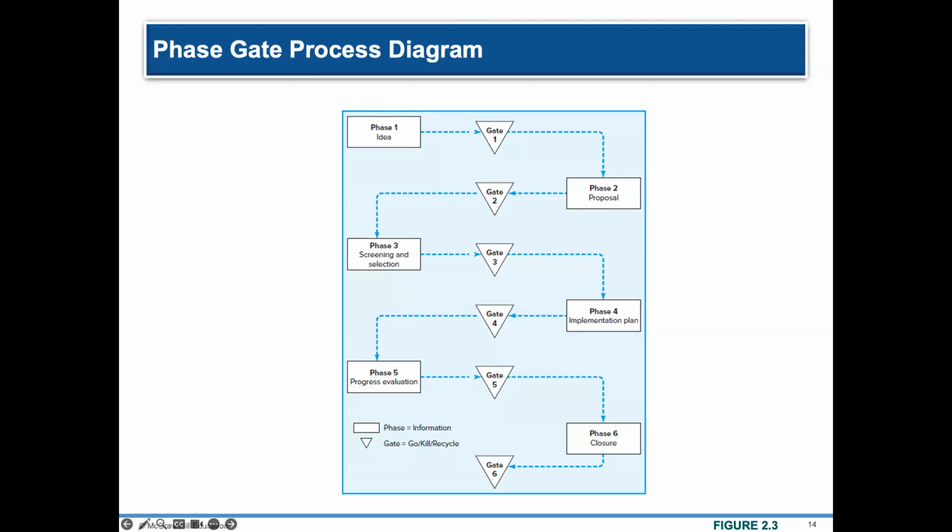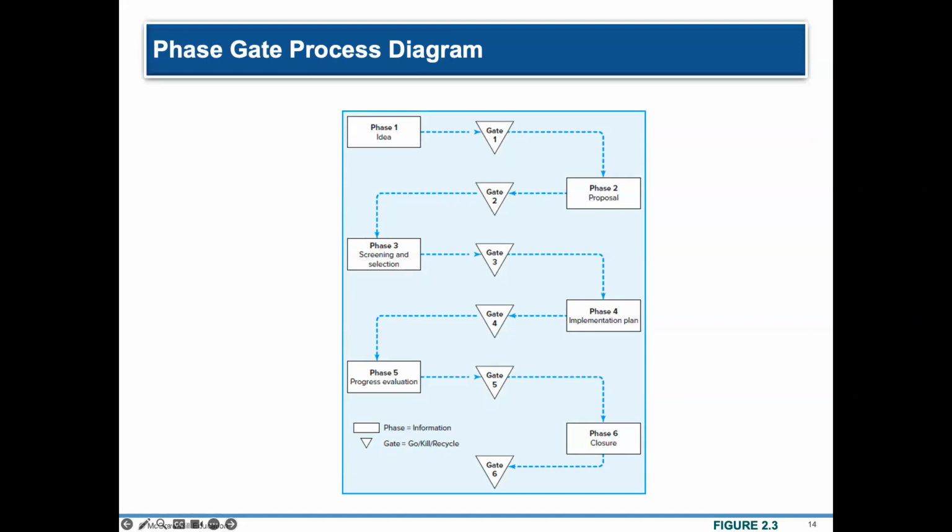Is the idea a go? Is the idea something that you would scrap altogether? Or is the idea good but still needs some level of improvement? So if it's a go, you proceed to the second phase.